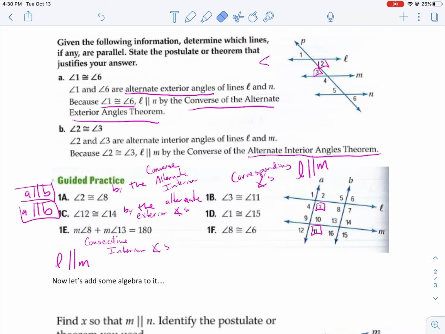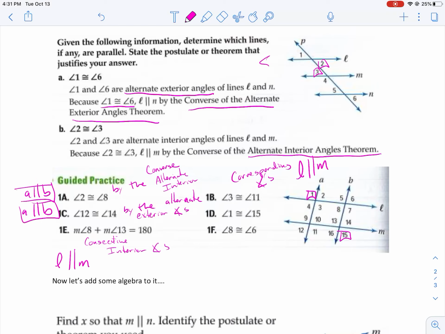Okay, let's take a look at 1 and 15. This is where it gets a little tricky. If 1 and 15 are congruent, well, let's take a look at what lines they are touching.